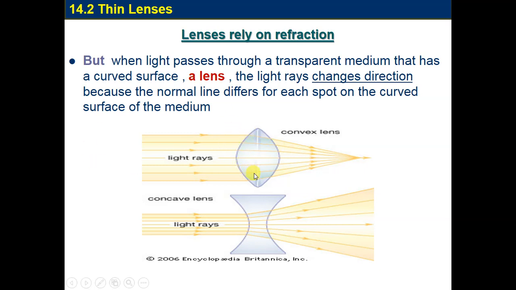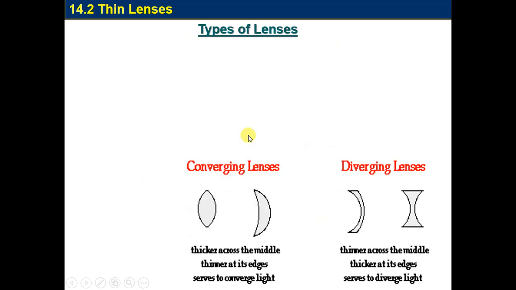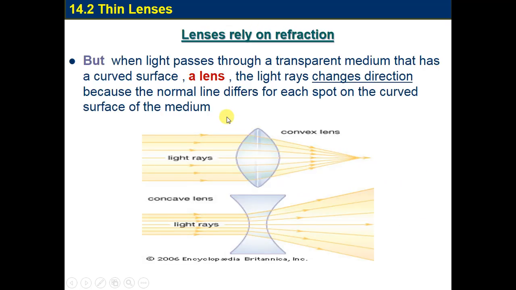When it's curved, so here girls, when each incident ray hits the surface, if you draw the normal, it will not be the same for all the points of the surface. The normal, what is the definition of the normal? Normal is the imaginary line drawn perpendicular to the surface at the point where the light hits the surface.